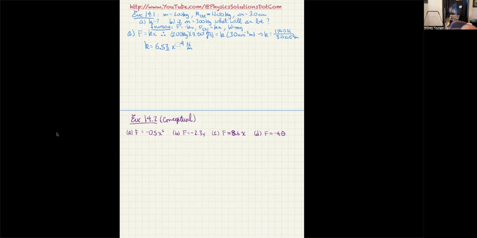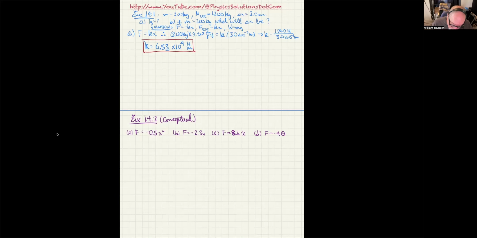I'm sorry that 10 looks so bad, but I'll try to write it a little better. So that is our spring constant, and that is the answer to part A. And notice I did carry one extra sig fig, so if I need to use this figure somewhere else, I'm not rounding it and then using it and then rounding again, and so on and so forth.